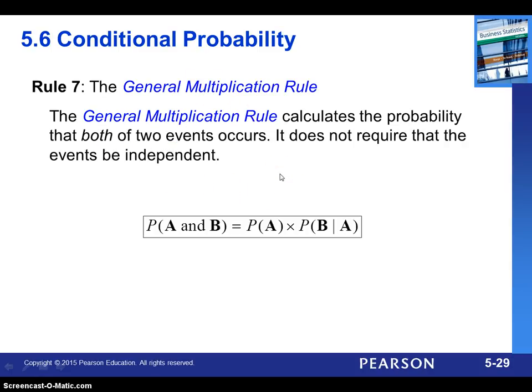The multiplication rule we showed in class was the probability of A and B is just the probability of A times the probability of B. We didn't have this part here, because we assumed the events were independent. This one does not assume that the events are independent, so it is more general, and oftentimes more applicable. The first one is very specific, and you can only use it when we have independent events.